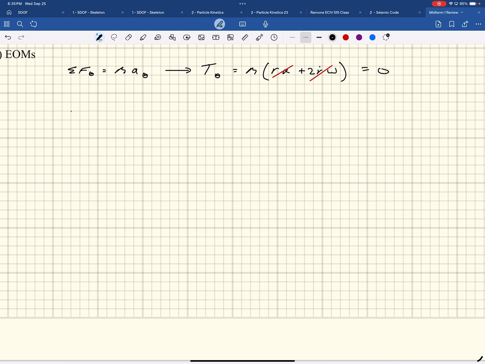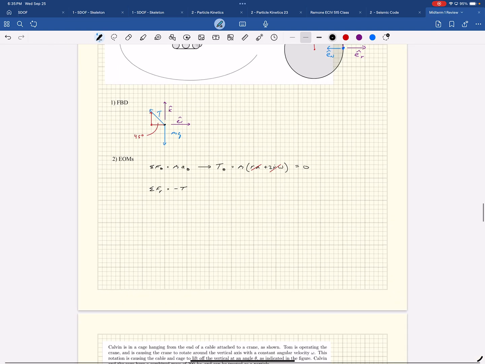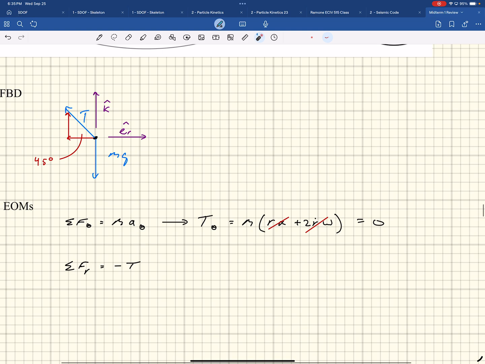Now, the sum of the forces in the R direction is equal to negative T, right? So again, I come up here and look to see what's in the R direction. Well, I've got this. It's the only component, the component of T in this direction. That's the only force acting that way. Is that positive or negative?